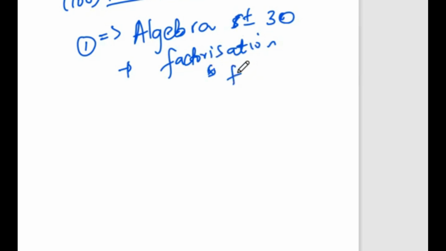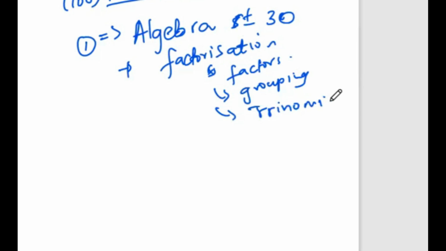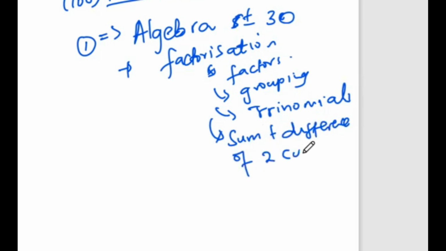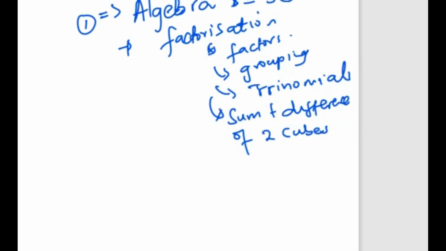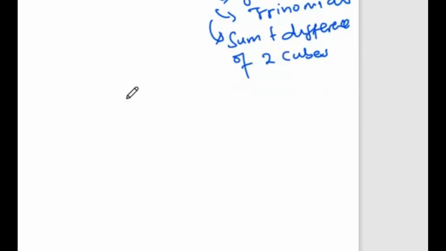We can talk about common factors, grouping, quadratic trinomials, factorizing the sum and the difference of 2 cubes. Even the difference of 2 squares can also be tested under factorization. So that we just need to know.